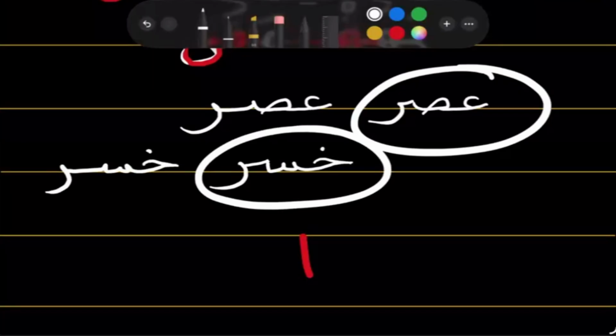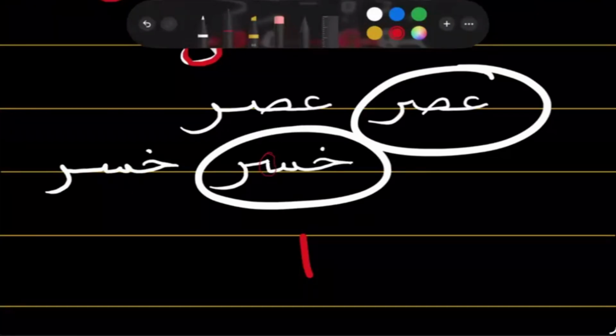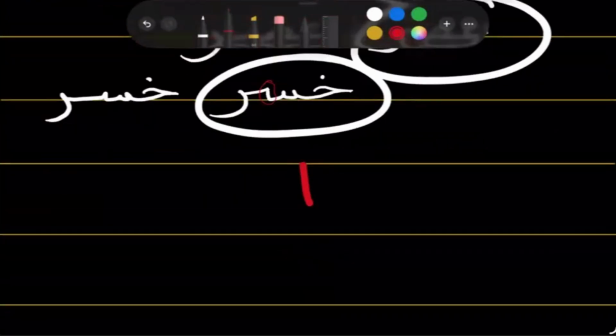And from here, and I showed you this last week, this third tooth of the seen, and even the tooth of the sod and bod, depending on the letter that comes after them, you can do like this.